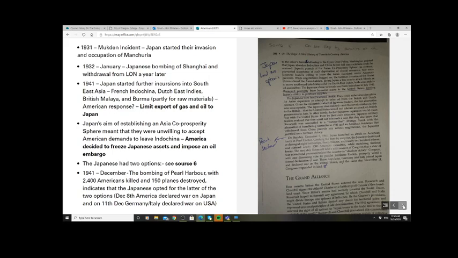Japan really starts to expand as an imperialist nation in the 30s and 40s. Japan makes further incursions into Southeast Asia, French Indochina or Vietnam, the Dutch East Indies, British Malaya, Burma, partly because Japan recognises the benefits of having more land, but also because, like all imperialist nations, there are raw materials to be gained.